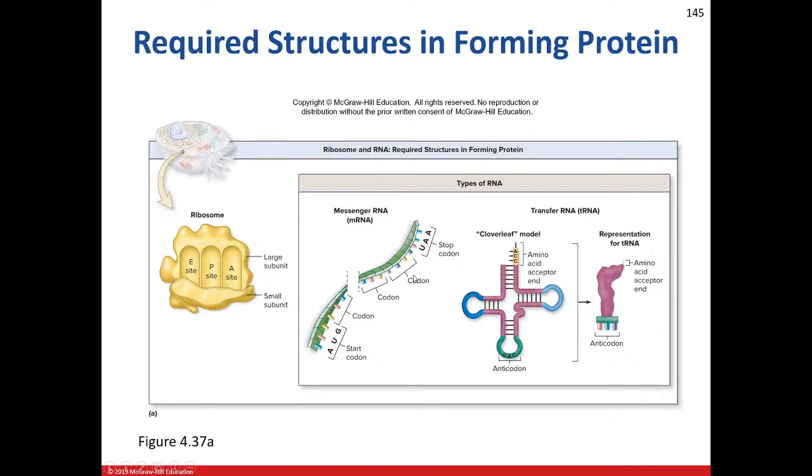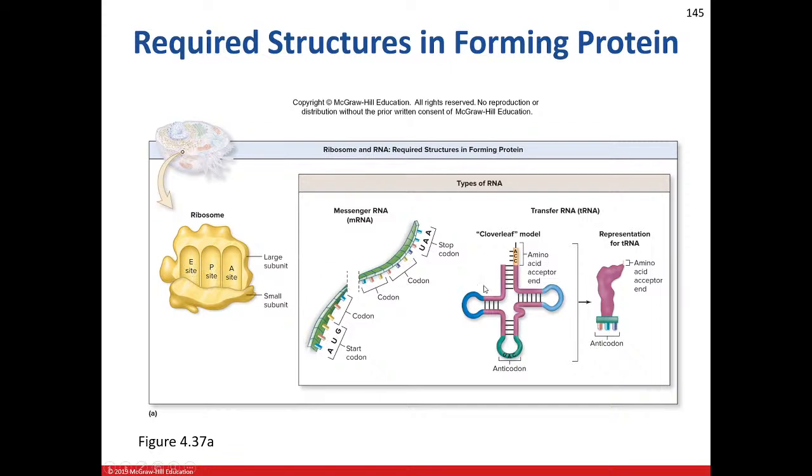All right, and so AUG enters the A site, passes on to the P site, and the tRNA comes in, recognizes AUG, and then it drops off its amino acid, the amino acid methionine. Then we move the first codon, AUG, into the E site, where it's going to exit.